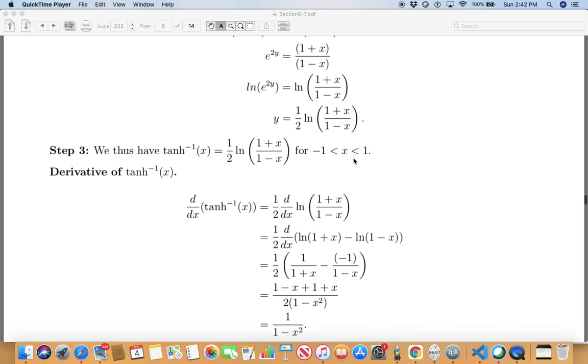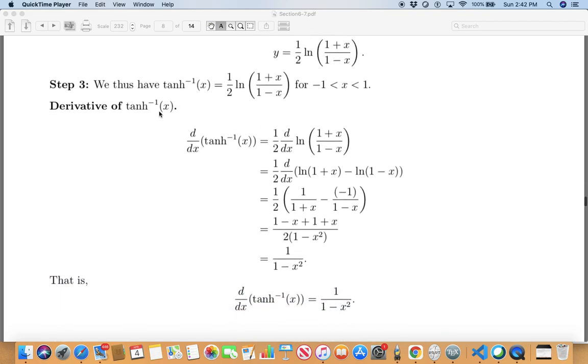Okay, so let's see. Derivative. The derivative of tan hyperbolic inverse of x is 1/2 times the derivative of the natural log of this expression. Now this can be simplified. Natural log of a quotient is the difference of the natural logs. Half the derivative of natural log 1 plus x minus natural log 1 minus x.